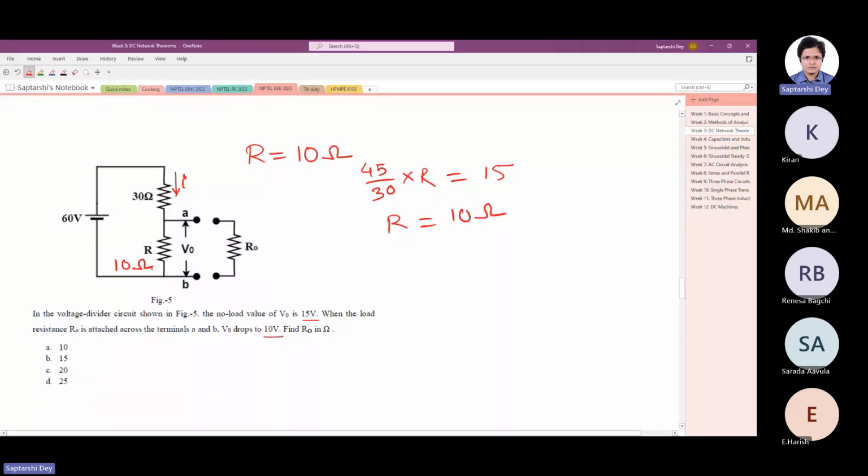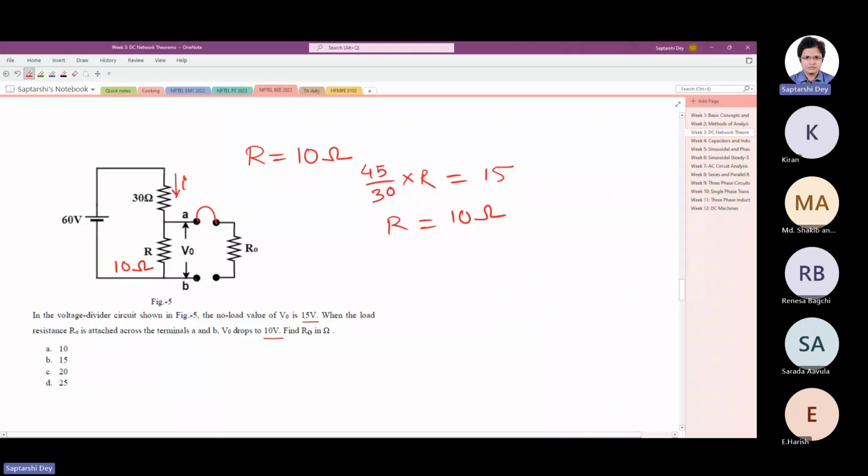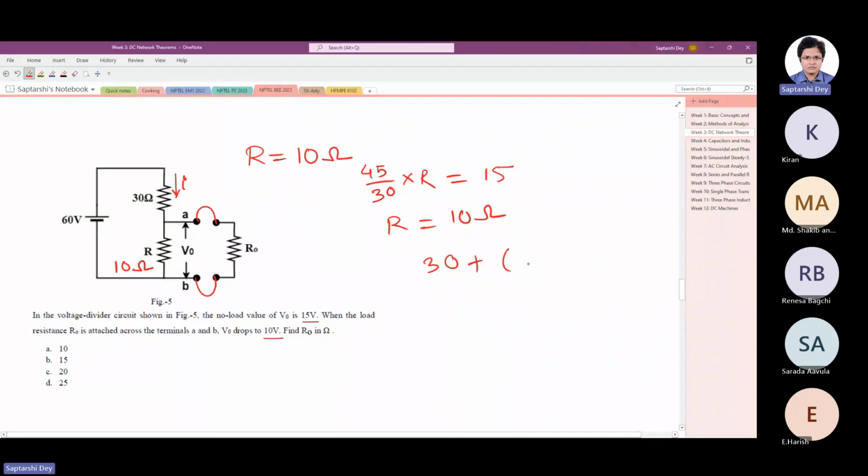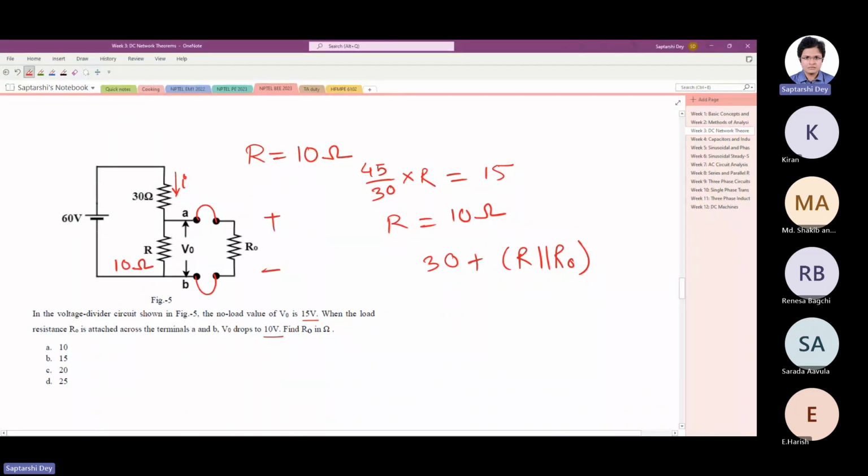But as soon as this load is connected, the voltage division now changes, because now here in place of 30 there is R and R naught. So this lower voltage now even reduces, because the voltage in the resistance, okay, we will see.